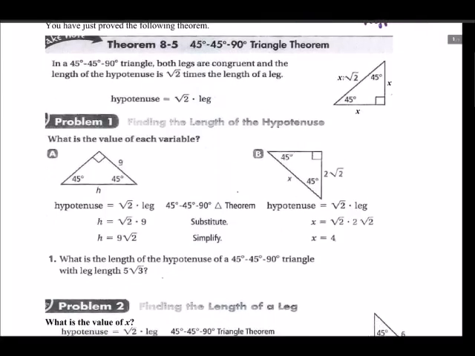We just proved our 45-45-90 triangle theorem. And it says that in a 45-45 right triangle, both legs are congruent, and the length of the hypotenuse is the square root of 2 times the length of a leg.